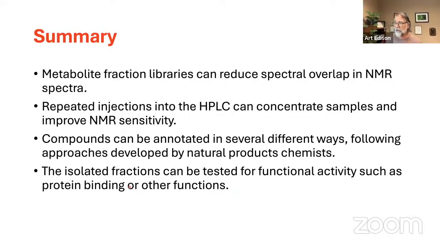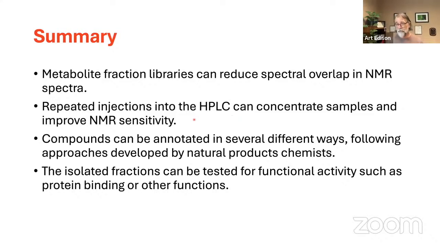In summary, basically, we think that metabolite fraction libraries are really useful. We're using them a lot these days. They can reduce spectral overlap in NMR spectra, similar to the way you could do that with 2D NMR. Repeated injections can concentrate samples.